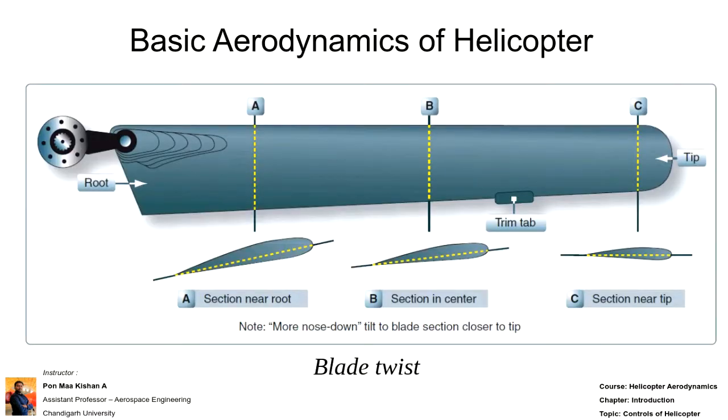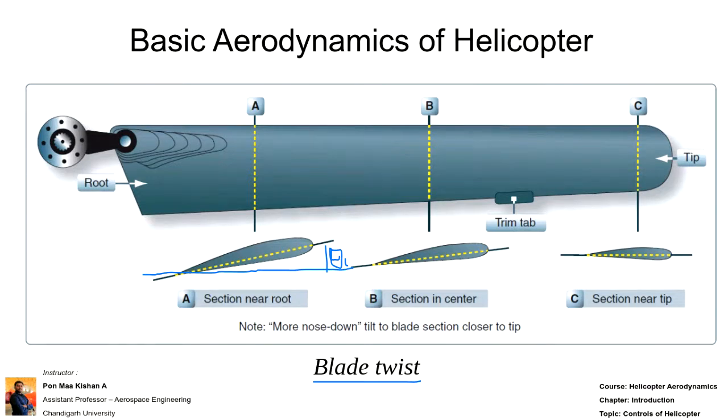If you see this image, this is how the blade twist has been done. We have used various incidence angles. Let's say I draw a reference line and mark it as theta I, just as an example.